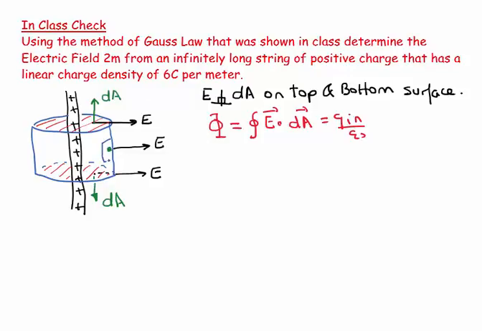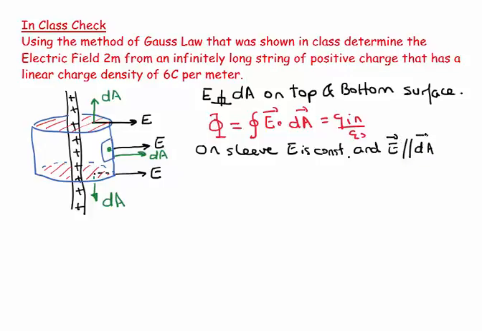Here's the sleeve. Here's my little window in the sleeve, and here's my dA. And I'm familiar with this: dA is parallel. So on the sleeve, E is constant, which means I can take it out of the integral, and E is parallel to dA.